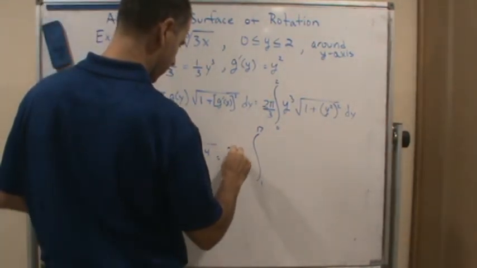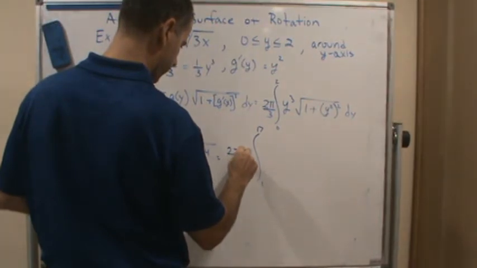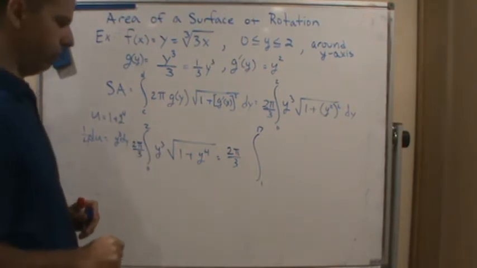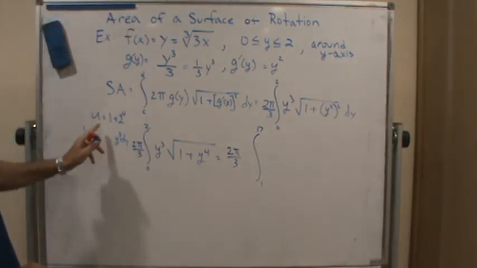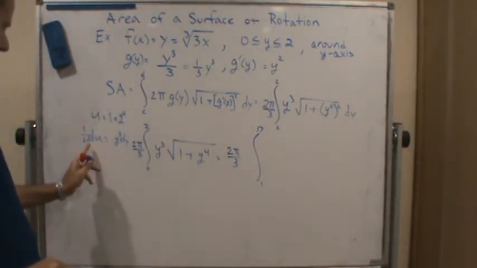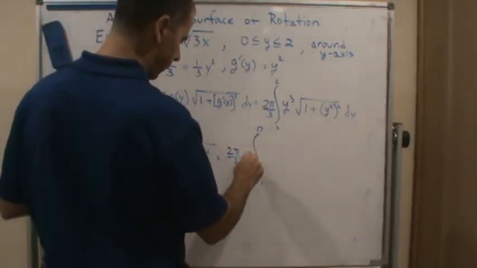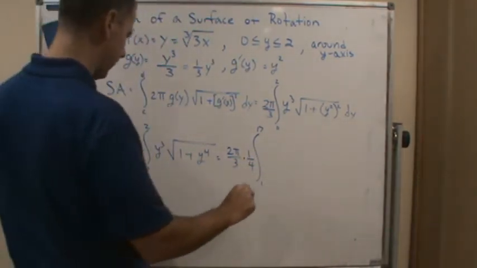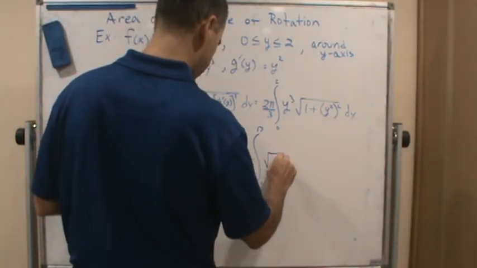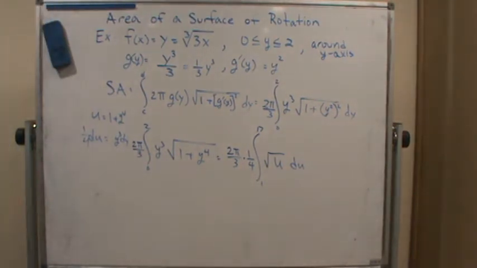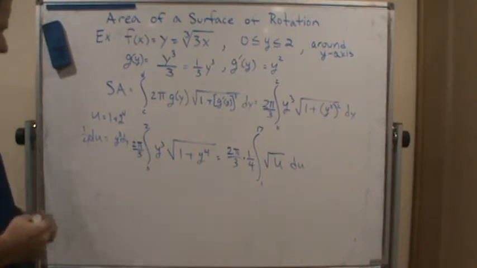So now when I do my u substitution, this is going to be the square root of u, and then I'm going to get a 1/4 du, so I'm going to pull out the 1/4, and over here I'm going to get the square root of u du again.